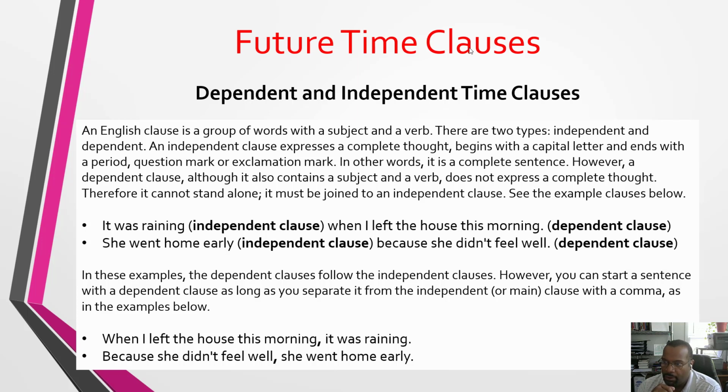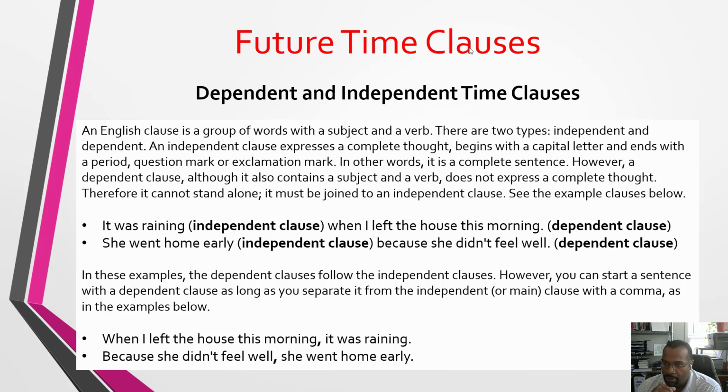In other words, it is a complete sentence. However, a dependent clause, although it also contains a subject and a verb, does not express a complete thought. Therefore, it cannot stand alone. It must be joined to an independent clause.